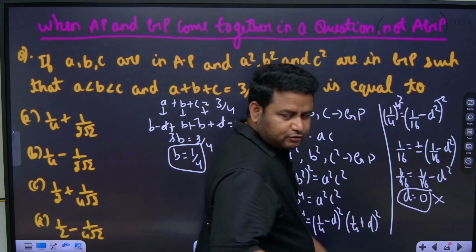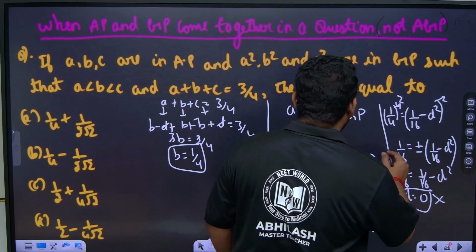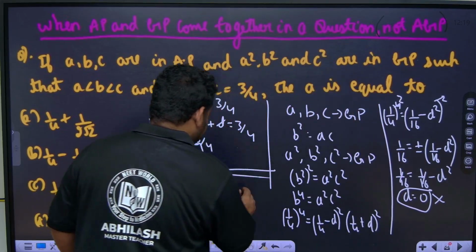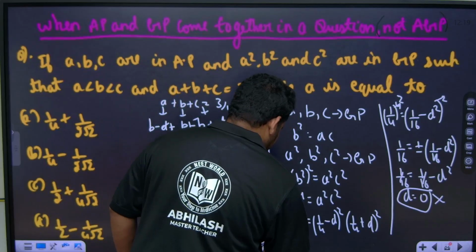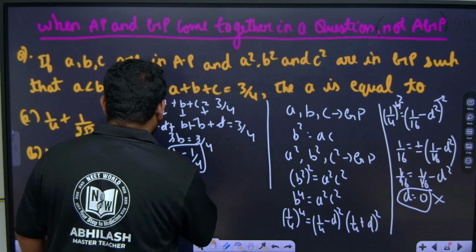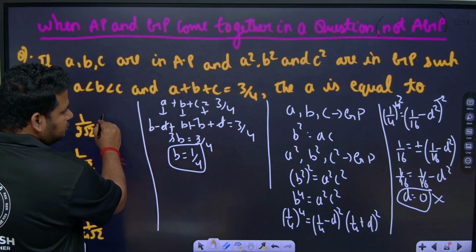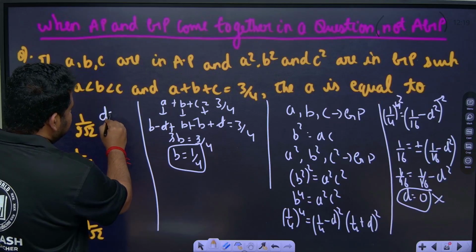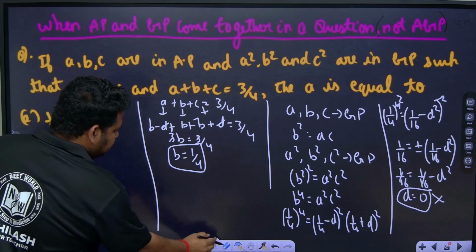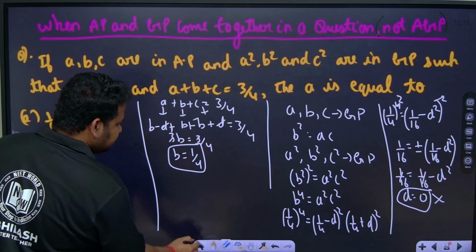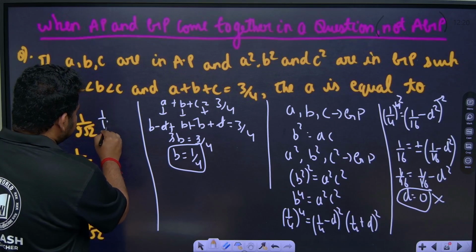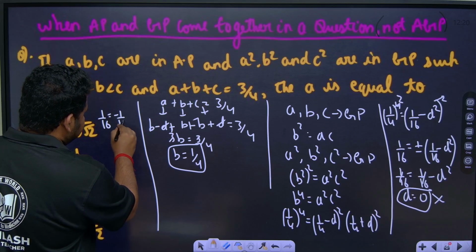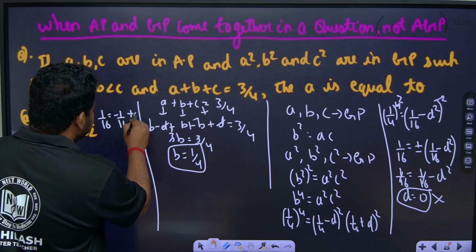Okay. Now, like you told, we will take minus. So, let us take here, okay. Now, D is equal to how much? Let us not take that. So we should take it as 1 by 16 is equal to minus 1 by 16 plus D square.